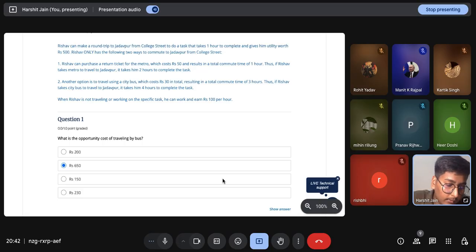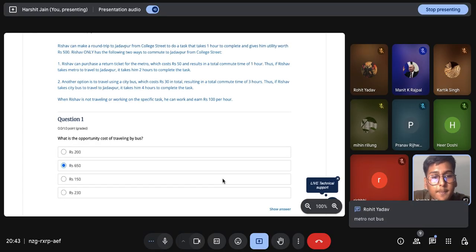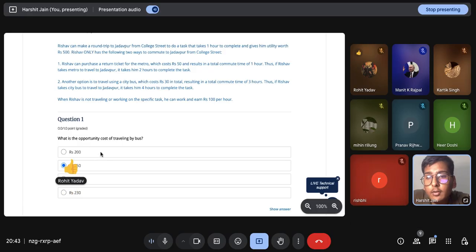So 500 plus 200 becomes 700, and for that 700 you have to spend 50 rupees on the metro. So the opportunity cost is 650 here. So the opportunity cost of traveling by bus is 650.